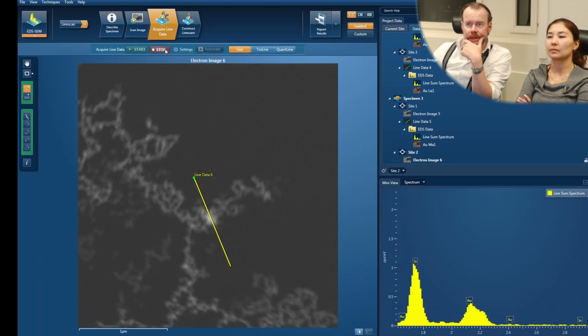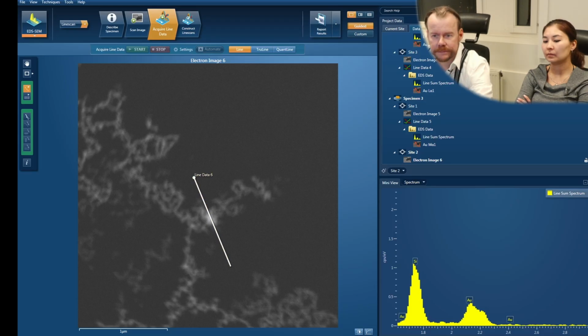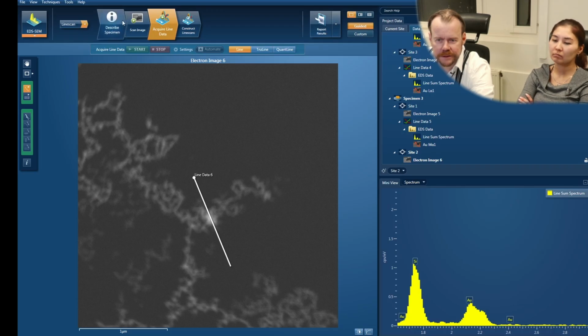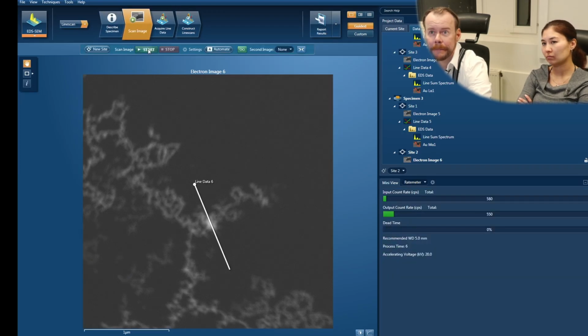Let's try an even bigger one. Here we have a large aggregate. So a lot of particles there, right?